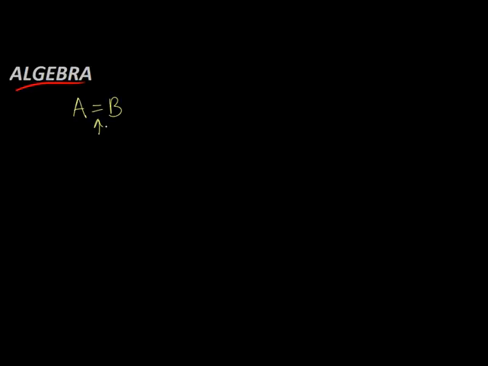The kind of things you might do is, for example, multiply both sides by 3 or add 7 to both sides. So say you've got 5 is equal to 5, then 5 times 3 is equal to 5 times 3, or 5 plus 7 is equal to 5 plus 7.